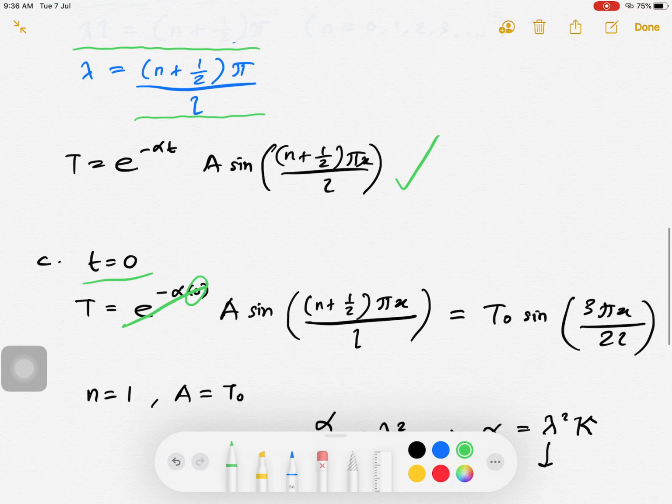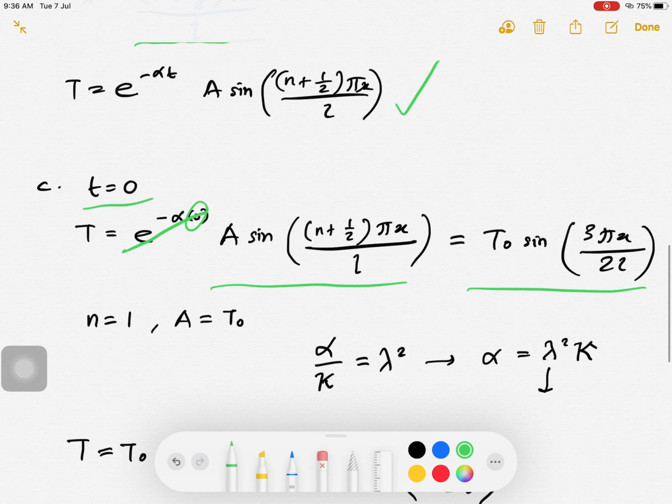And now we consider the boundary condition at the initial condition. This is equal to the given function, and then we compare both of them. First of all, comparing T naught and A, we can know that A is equal to T naught.